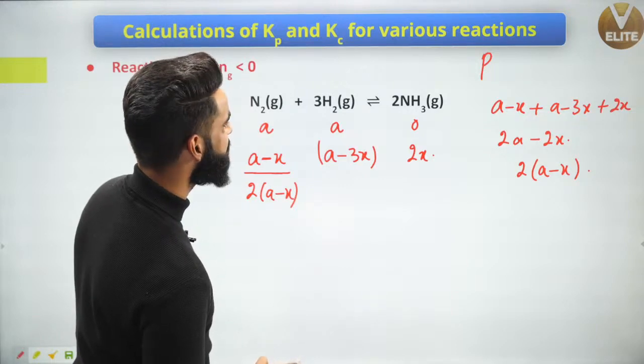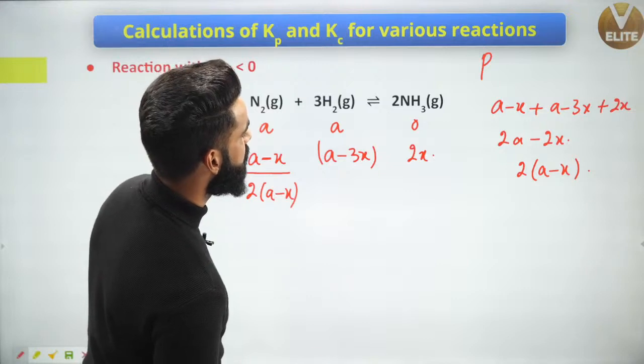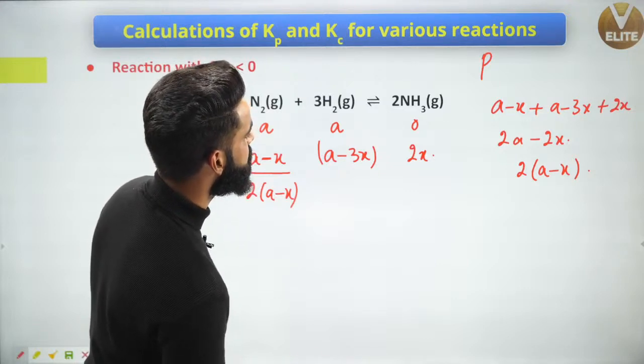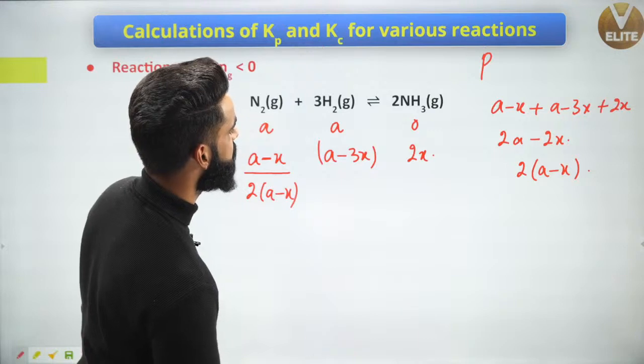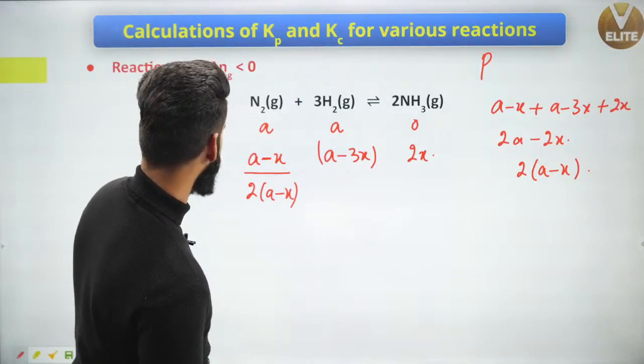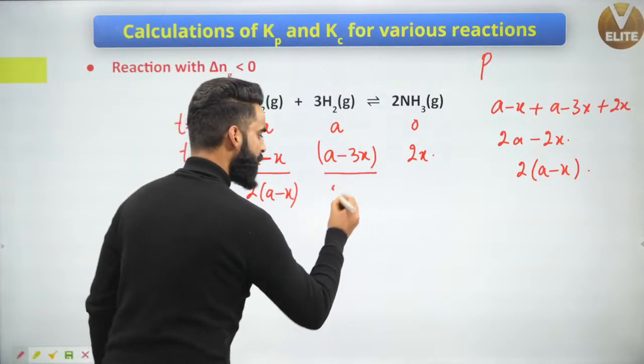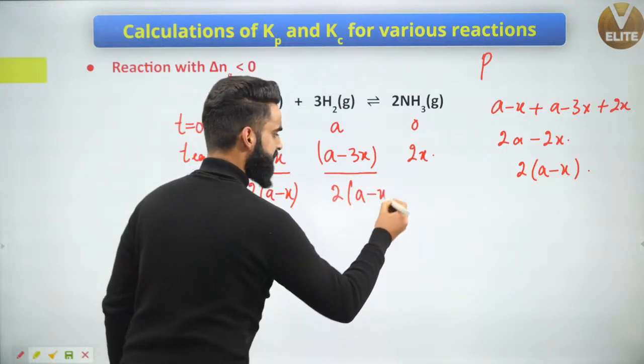This is A minus X, this is A minus 3X, this is 2X, so minus 4X plus 2X is minus 2X. So this is 2A minus 2X. Okay, fine. Let's proceed.